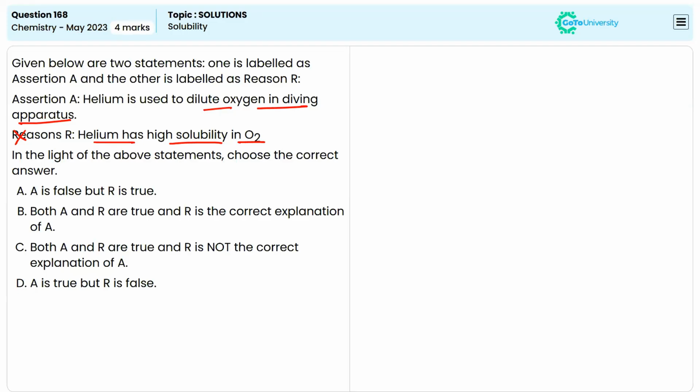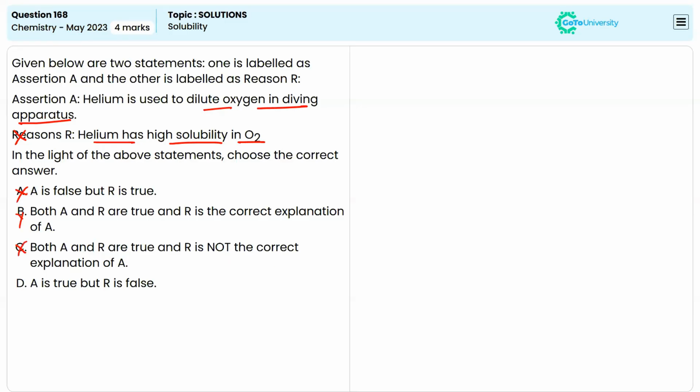So the first statement is correct, the second statement is not true. If you come to the options, the first one, A is false, R is true, is wrong. Coming to the second one, both A and R are true and R is the correct explanation for A, that is also wrong. Coming to C, both A and R are true, R is not the correct explanation, again incorrect.